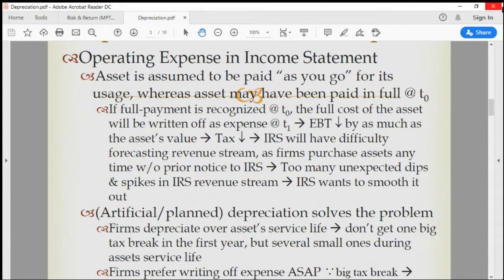What's keeping them from writing off in year 1 is the IRS rule for depreciation. So if all the companies prefer to write it off in year 1, obviously that means they are not the same, right? Writing off the lump sum $50,000 in year 1 and writing it off spread over 5 years, they are not the same.